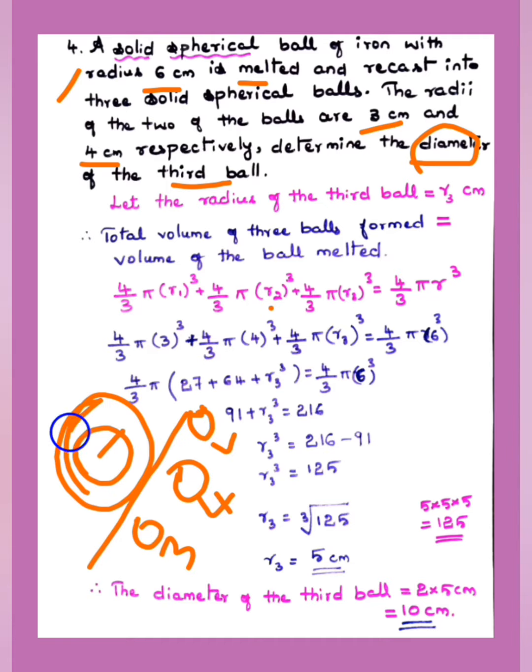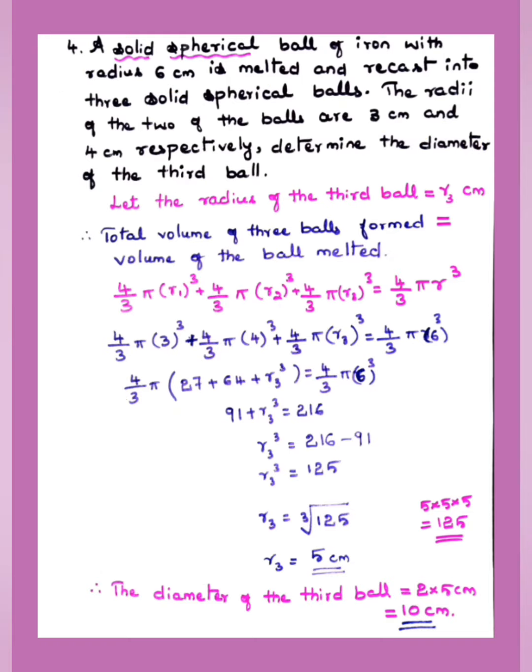So we can take the volume of the ball melted is equal to the total volume of the 3 balls formed, right? So we know the volume of the sphere. Formula to calculate the volume of the sphere, what all is involved there? Only the radius is involved, with all constant values. So we can substitute for that.